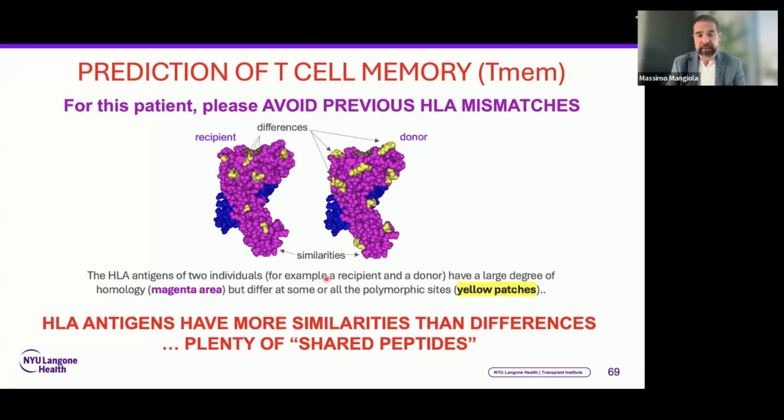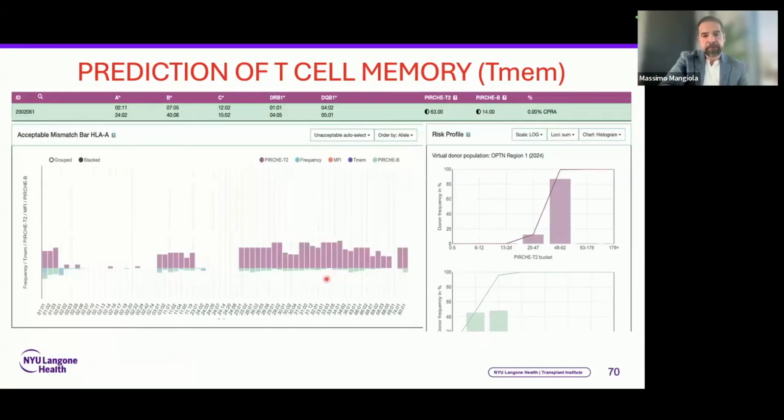There is more similarity than differences, and so there are a lot of shared peptides between HLA molecules. Saying that you are not crossing A1 again doesn't work anymore, because there is a lot of sharing of peptides across the HLA-A antigens. So within PIRCHE, this is the RAMP.